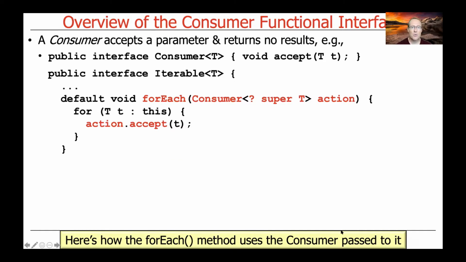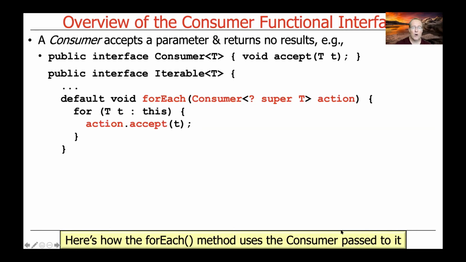So what we're going to do here is we're going to have the for each method defined on iterable, and it's going to take a consumer action. And the consumer, as we can see, has a single method called accept that doesn't return a value, but takes a parameter in. And this parameter is really intended to have some kind of side effect, which is, of course, exactly what we're going to do here, as you'll see in a moment.